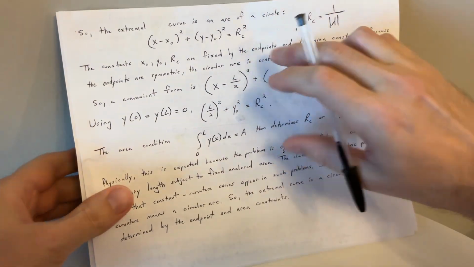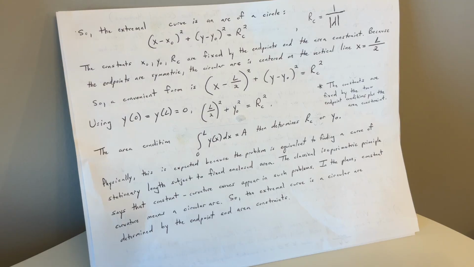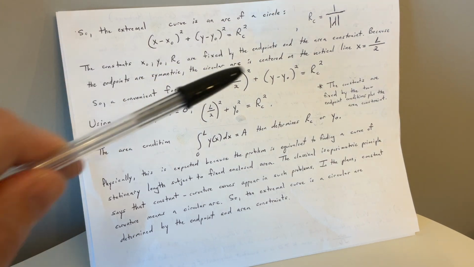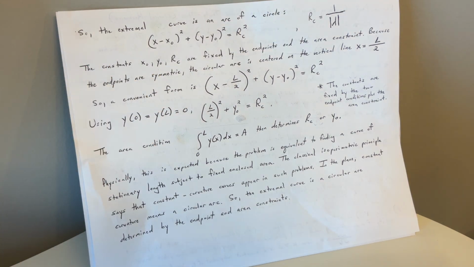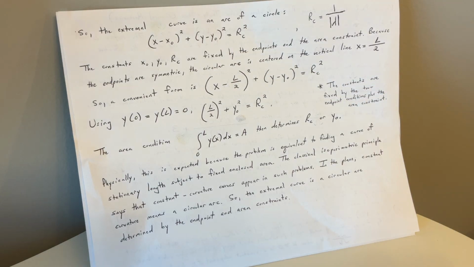So the extremal curve is an arc of a circle, and we can use this formula for a circle: x minus x naught squared plus y minus y naught squared equals r sub c squared, where r sub c equals 1 over the absolute value of lambda. The constants x naught, y naught, r sub c are fixed by the endpoints and the area constraint.